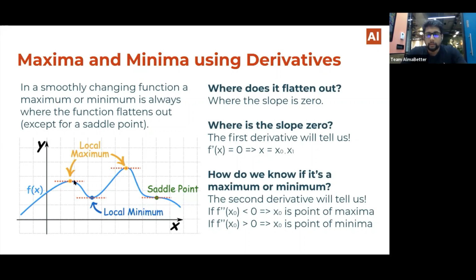Each of these ups and downs can be called a local maximum or local minimum, because as compared to the points in the vicinity of the local maximum, that point has the maximum value. If you take this point and compare with the points in the neighborhood, you will see that at this point the function is taking the maximum value as compared to its neighboring points.